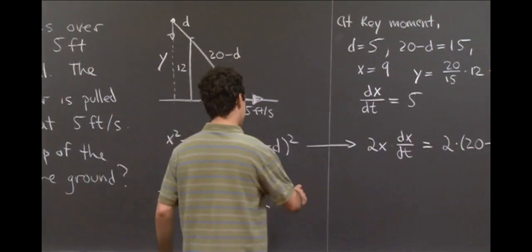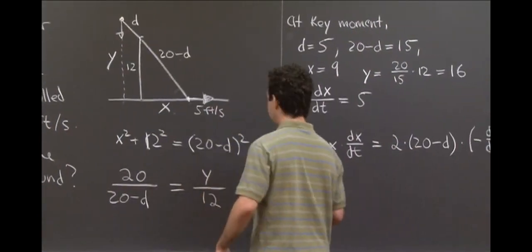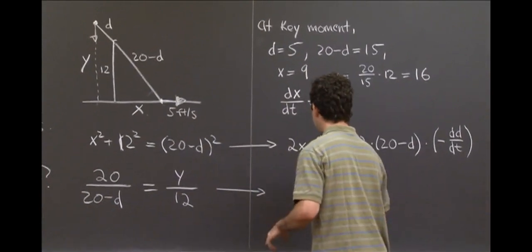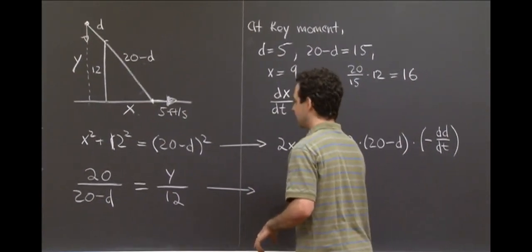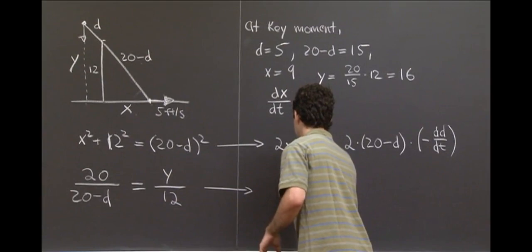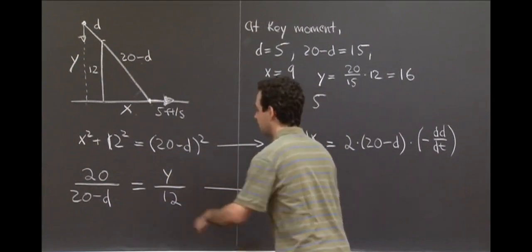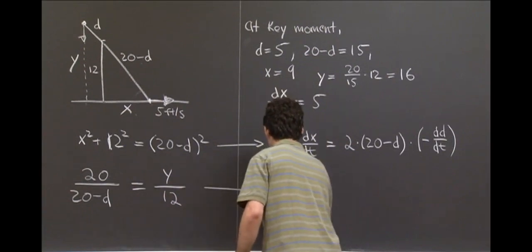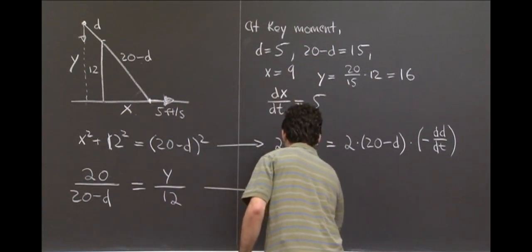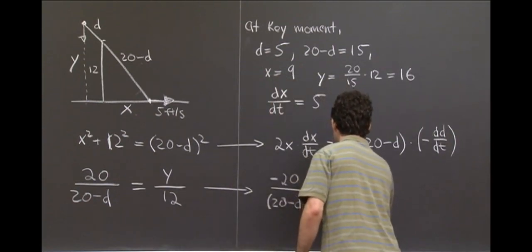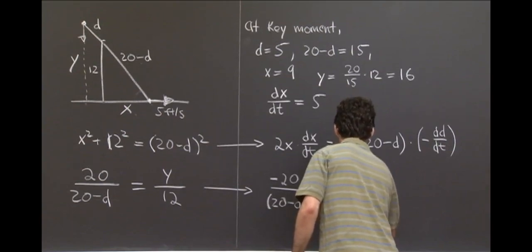So I need to compute the derivative. This is an identity, so I can take its derivative. I differentiate the left-hand side with respect to t. So I get 20 over, this is a minus first power, so I get minus 20 over (20 minus D) quantity squared times the derivative of the bottom, which is minus dD/dt.